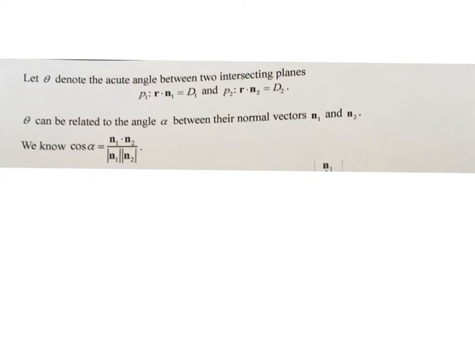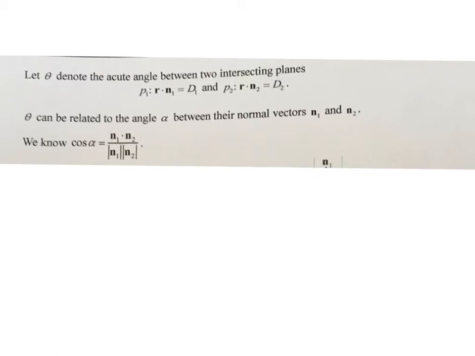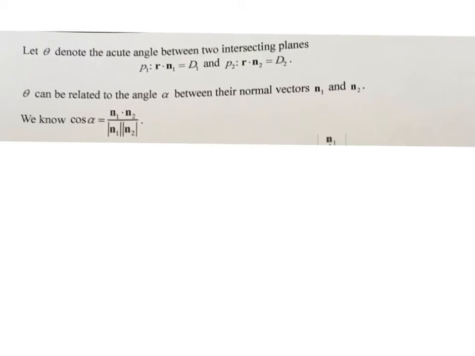If theta denotes the acute angle between the two intersecting planes, theta can be related to the angle alpha between their two normal vectors. Let me show you what this means. Let's say I have the side view, with plane 1 and another plane 2.